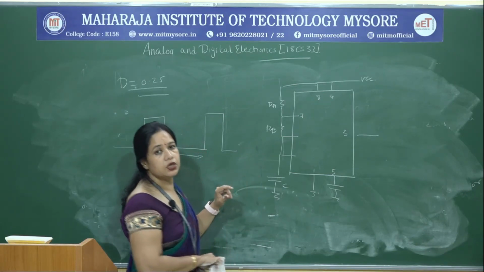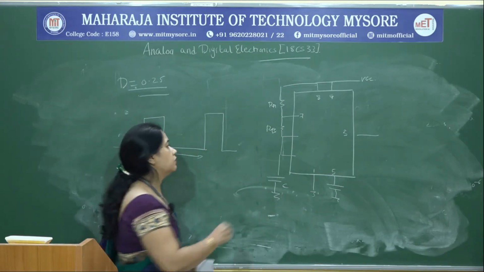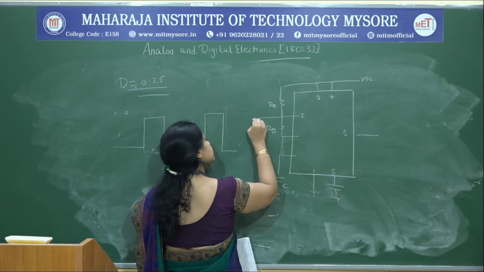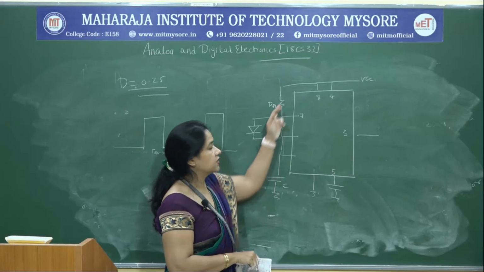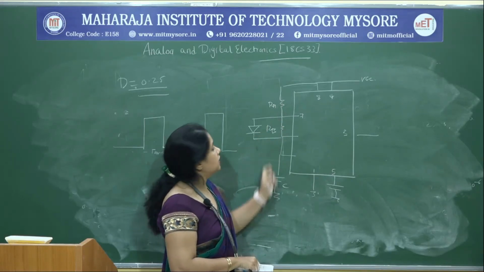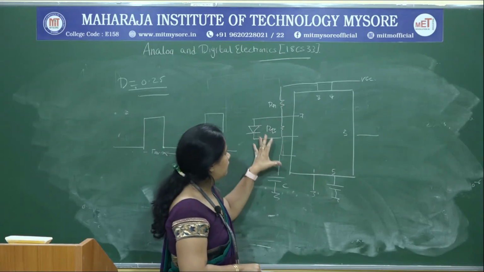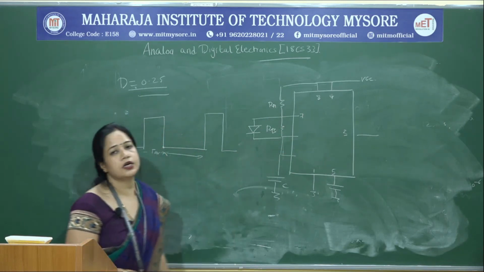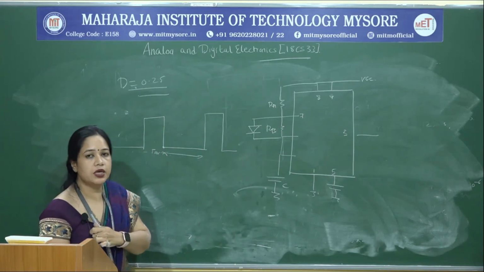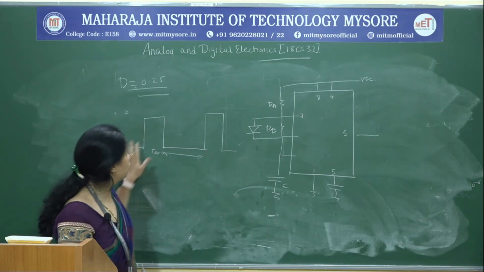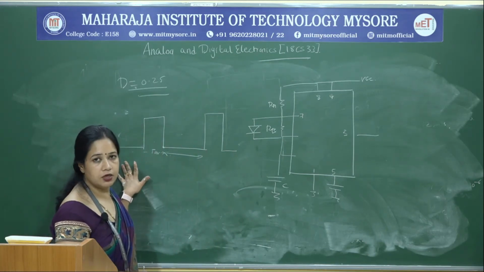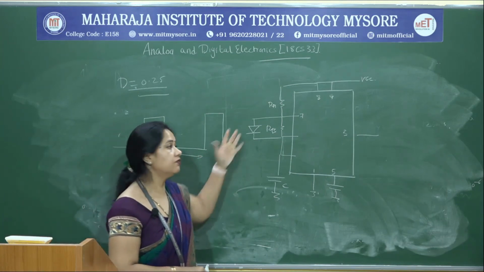So, for a square wave generator, we bypass this resistance by connecting a diode, so the capacitor charges through RA and discharges through RB. By taking equal values of RA and RB, we can obtain a duty cycle of 50%. Now the given requirement is a duty cycle less than 50%.